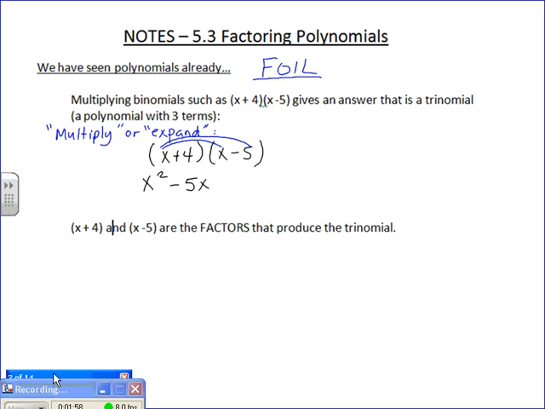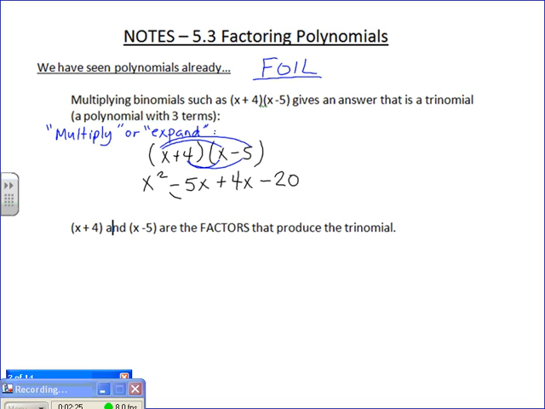The inside terms are next, so I do the 4 times the x. 4 times x is 4x, so I have plus 4x. And finally, the last two terms, 4 times negative 5. I keep that one negative sign out front, and 4 times 5 is 20. So I have x squared minus 5x plus 4x minus 20.